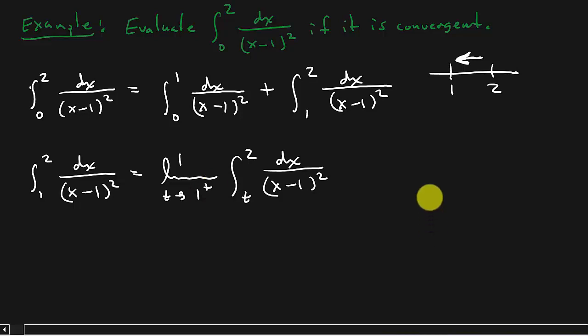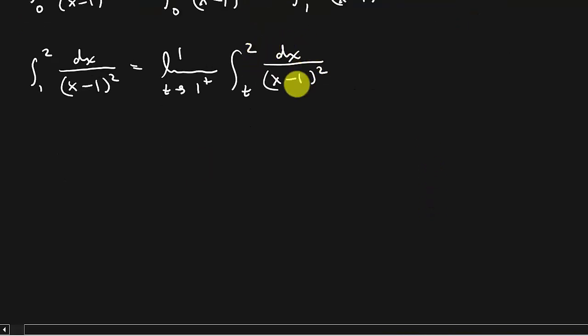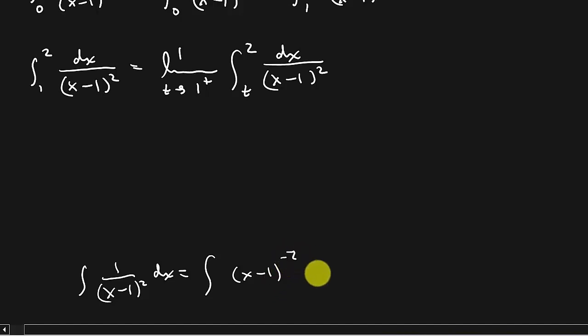And so once again, let's come down here and evaluate that integral. That's going to be 1 over x minus 1 squared dx, which is the integral of x minus 1 to the negative 2 dx.